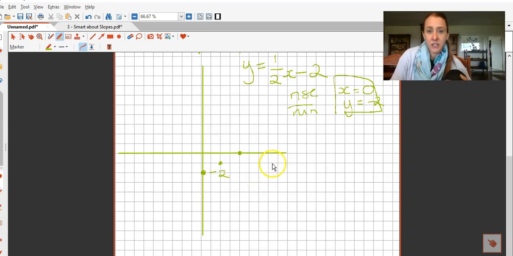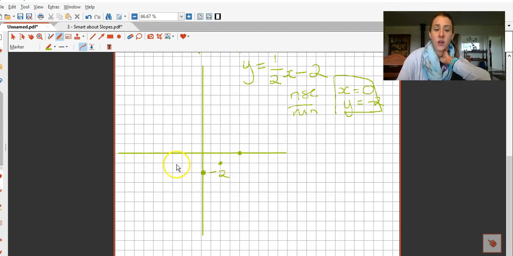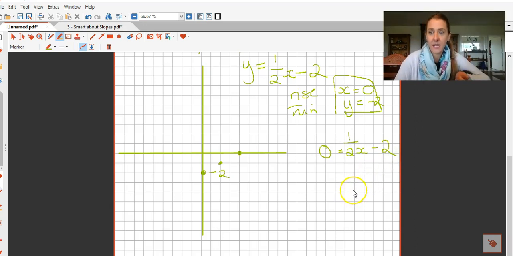The other thing you could do is try to find out where it crosses your x-axis. So if I wanted to do that, on my x-axis, y is always equal to 0. So in my formula, if I make y equal to 0 and have the rest of my formula here, now I just need to go ahead and solve this, just using algebra.